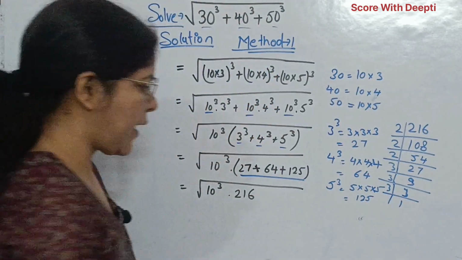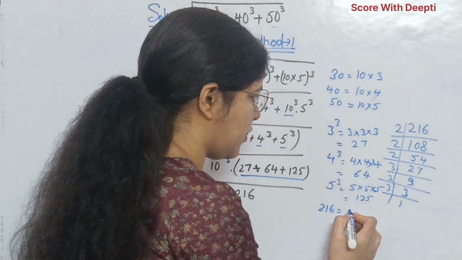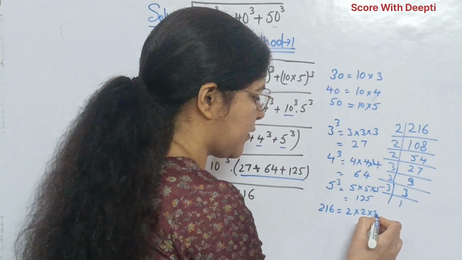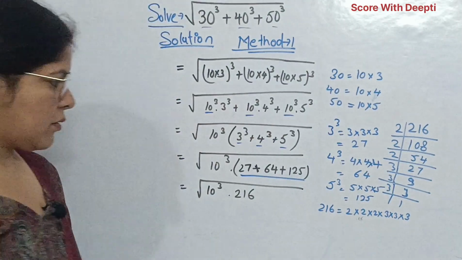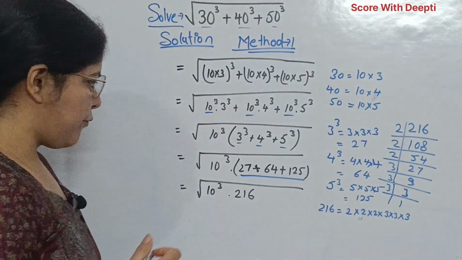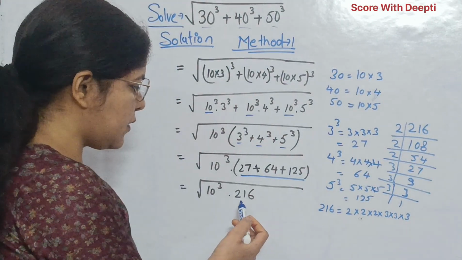Here we get the prime factors of 216 as 2 times 2 times 2 times 3 times 3 times 3. But we have to group the factors in the same term.